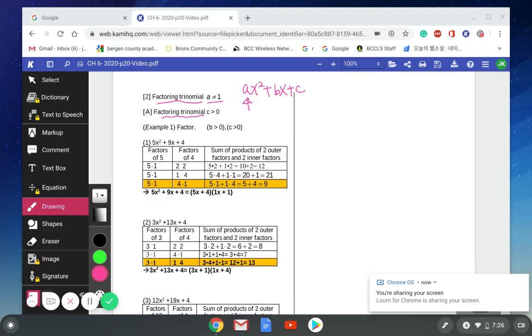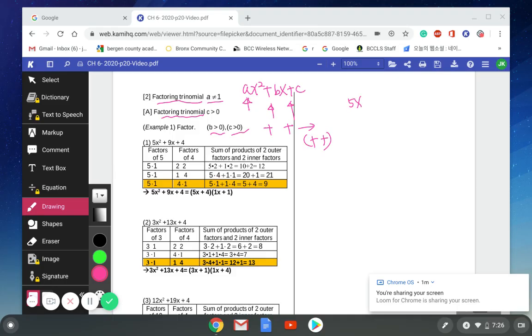So let's try some questions when B is positive and C is positive, which means both of them are addition. Then as you know, when you have positive plus and plus, the factoring has to be plus and plus as well.